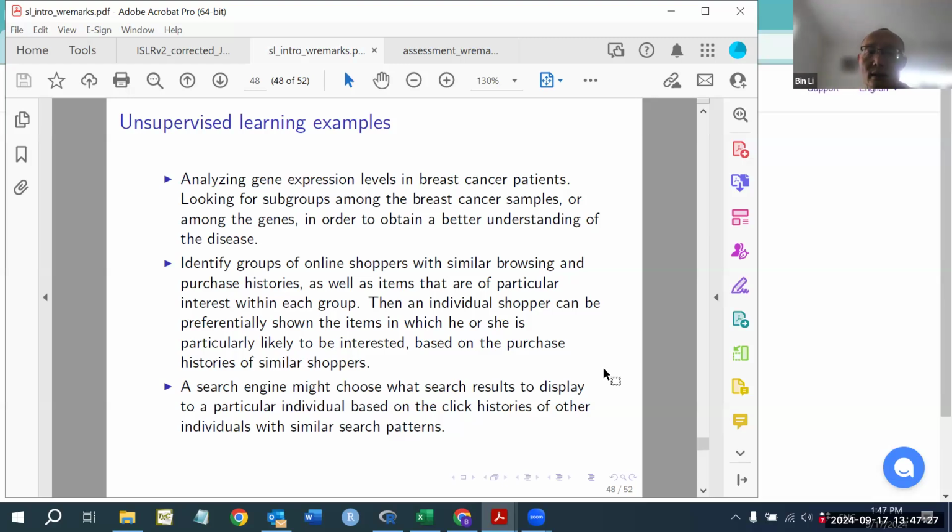And the third one is the search engine, trying to display the search results according to other people's with similar searching patterns. So these are the unsupervised learning examples.